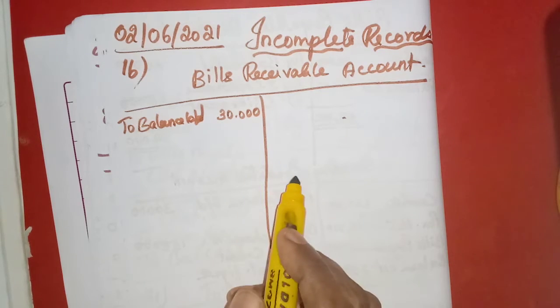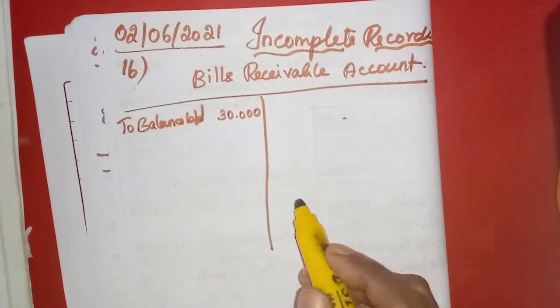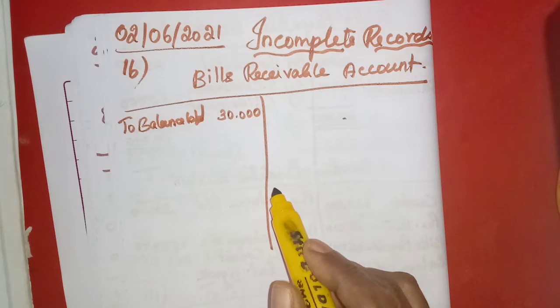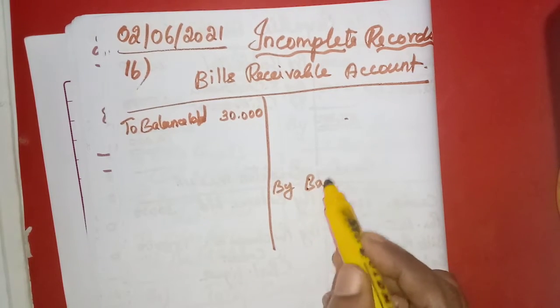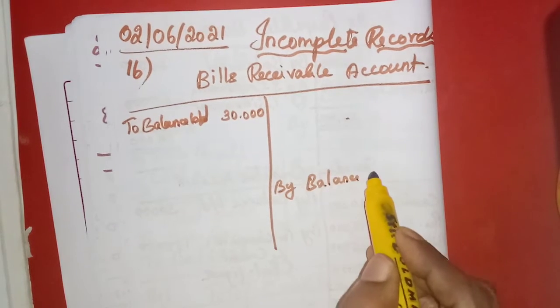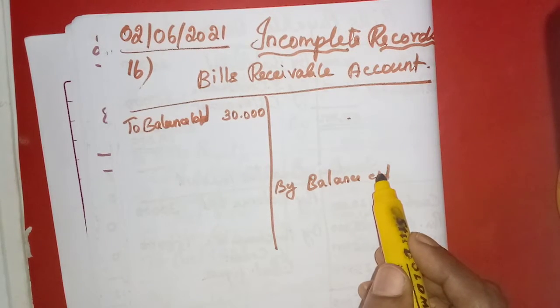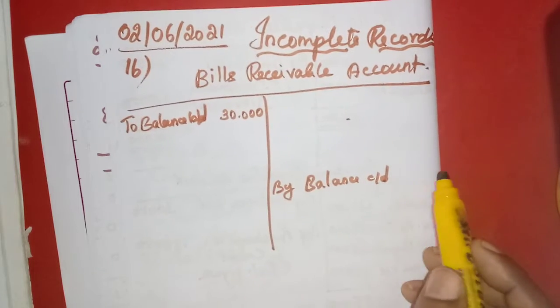Then closing we should write. Before that, we can write, I think, by balance. If we forget, we can write like this: by balance carried on, bills receivable 8,000.